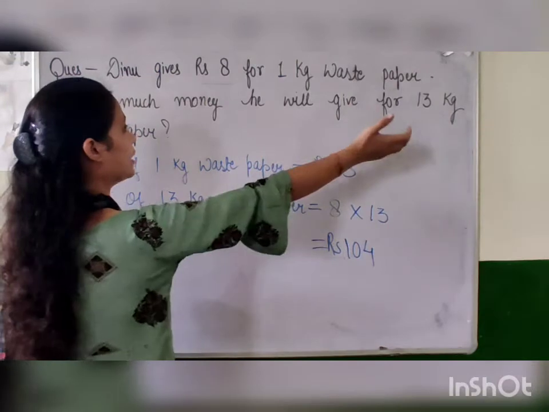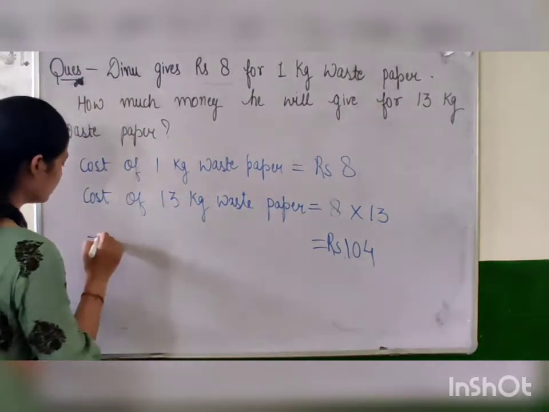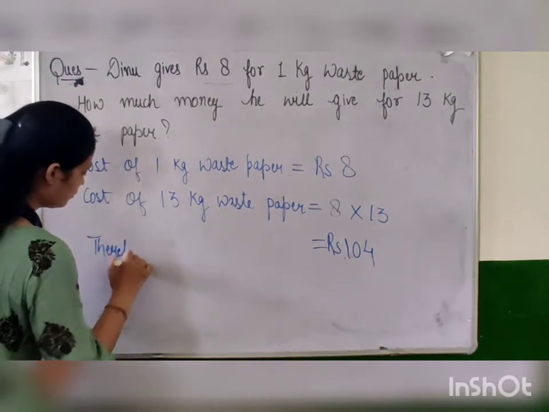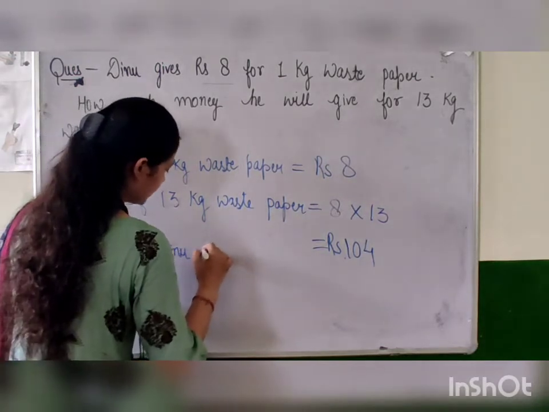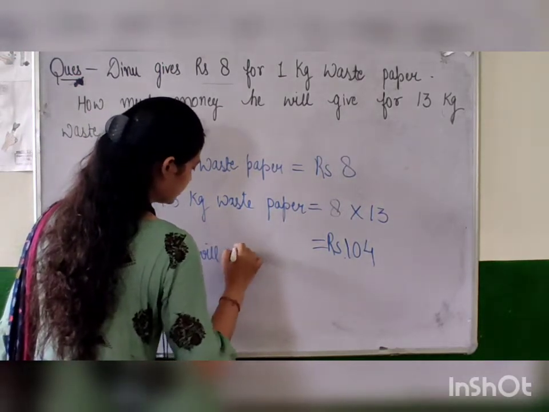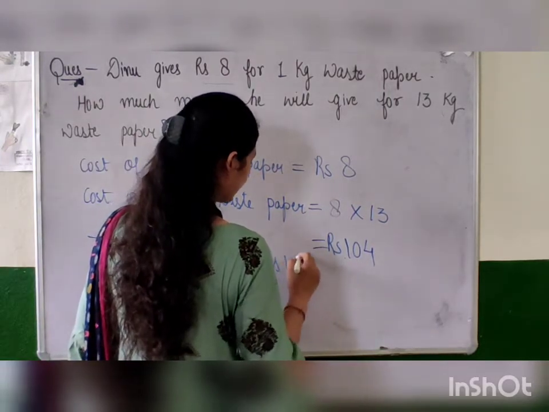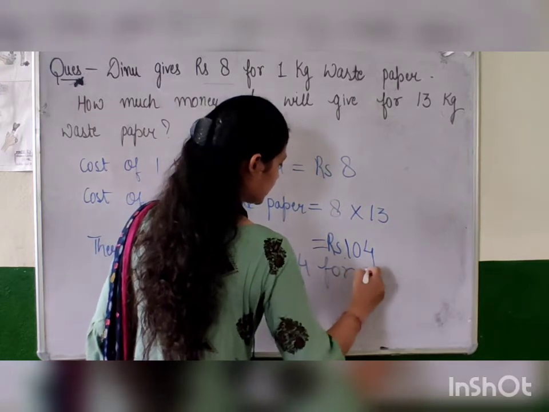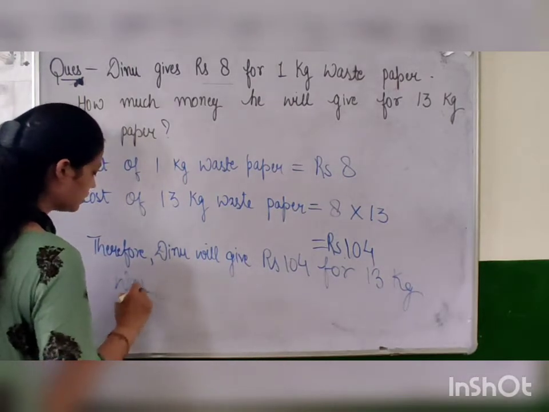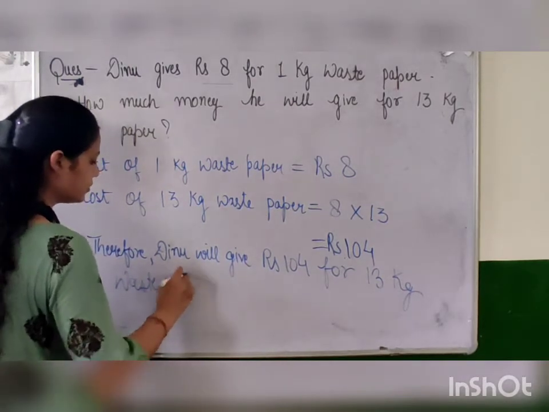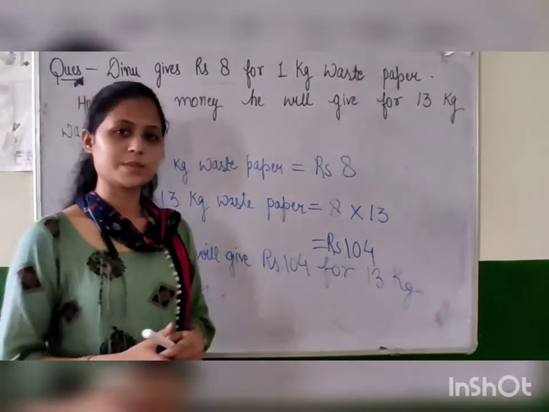Therefore, Dinu will give rupees 104 for 13 kg of waste paper.